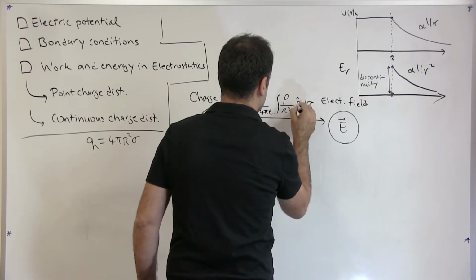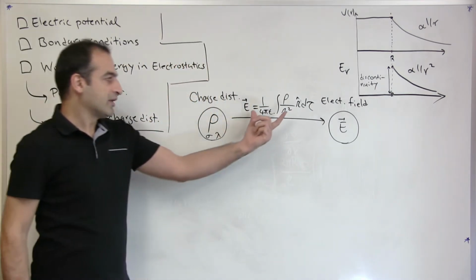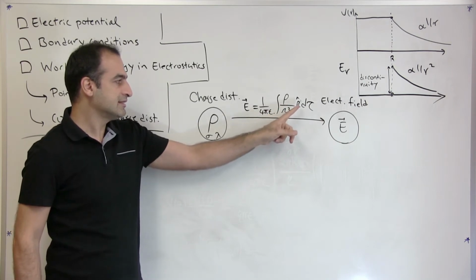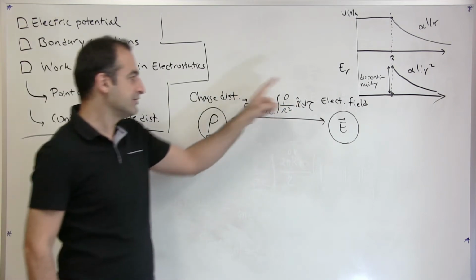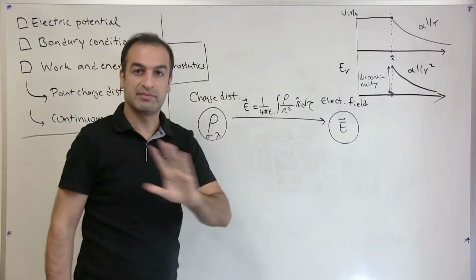And this r hat is the unit vector of the separation. So here's a direct way. You integrate the charge distribution over the distance times the unit vector. If we can do this, the problem is solved.